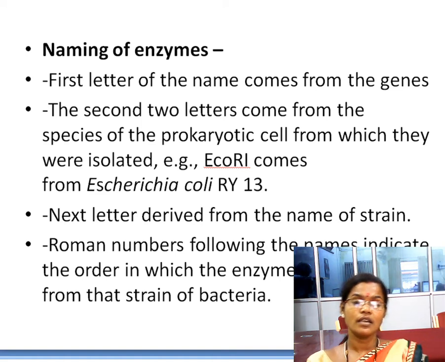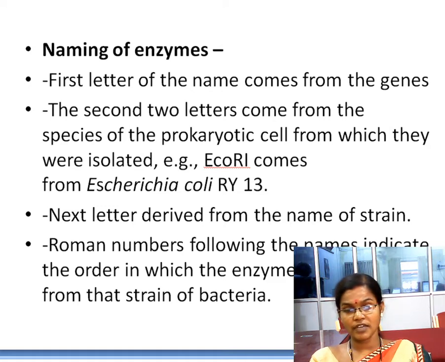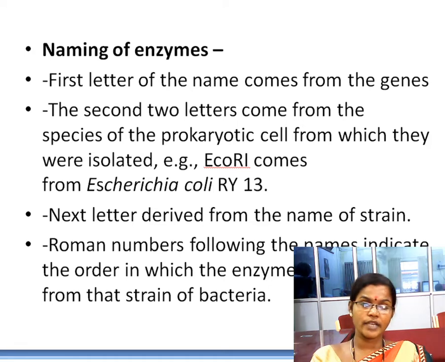The third is derived from the strain number. The fourth is that the Roman numerals following the names indicate the order in which the enzymes were isolated from the bacteria. The Roman numbers are given so that even if we go wrong, we can easily identify the number and then do the experiments. This is about the naming of the enzymes.